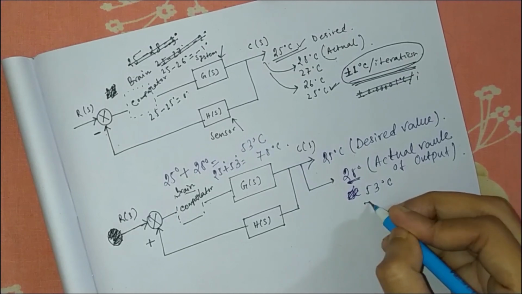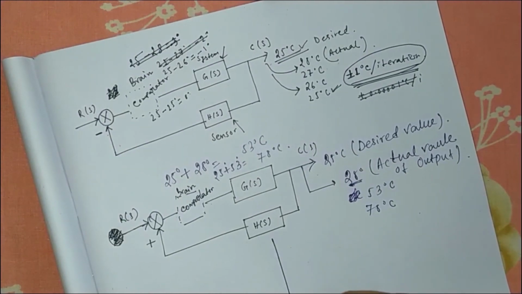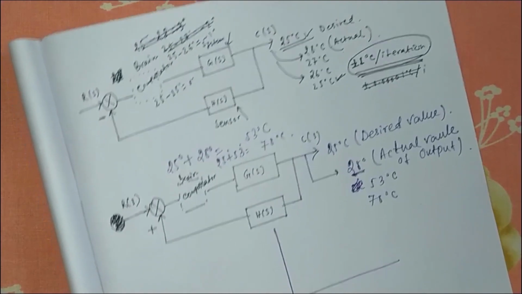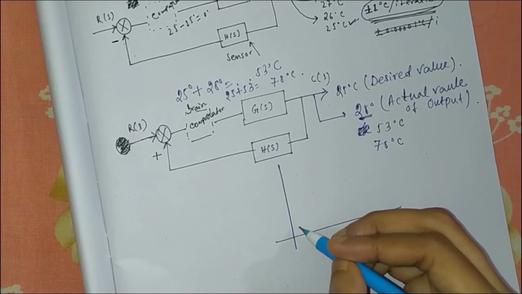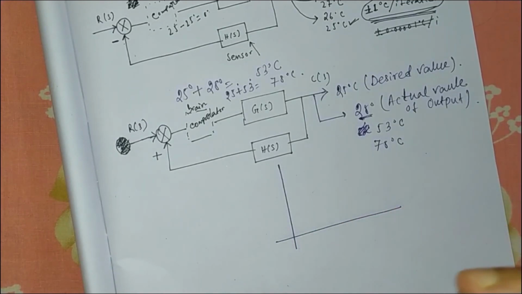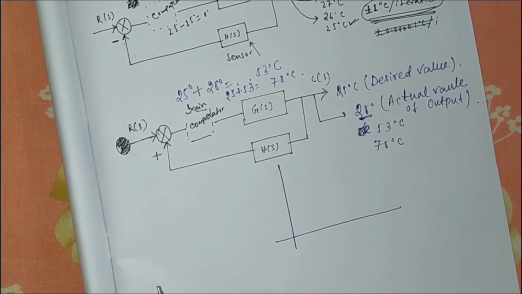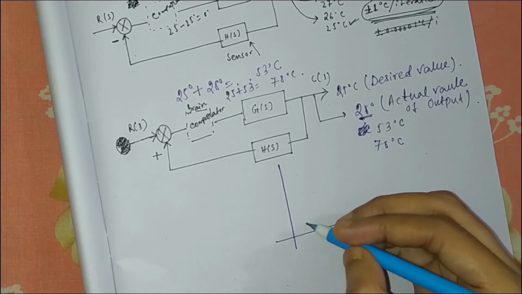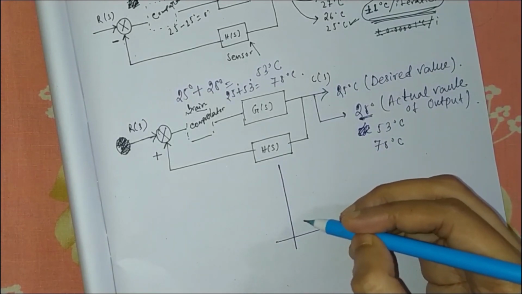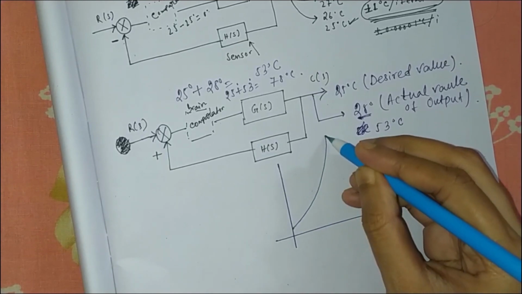This will become 78 degrees centigrade. So as we can see, the output is not staying or stabilizing at a particular desired value. It keeps on increasing in an exponential manner.